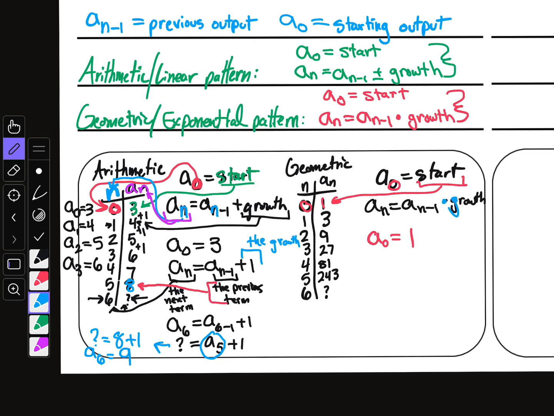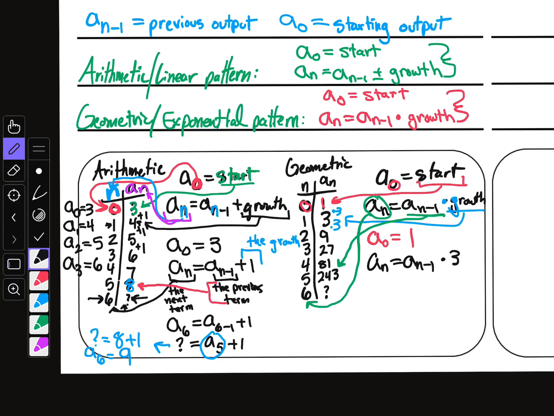The growth here is represented in the fact that we're multiplying by 3 each time, okay? And the a sub n is that next term, and the a sub n minus 1 was that previous term, okay? So, if I'm writing my formula, a sub n, because I don't put the numbers in for this part of the formula, a sub n minus 1 times 3.